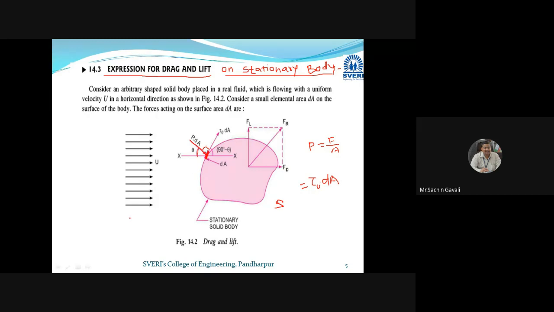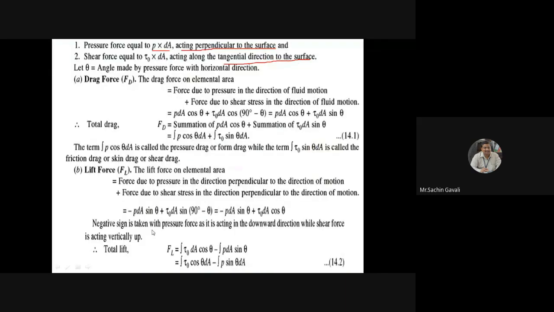Again, the basics we learned in Euler's equation apply: if the direction of the force is in the direction of flow, we consider it positive, and if it is in the opposite direction of the fluid, we consider it negative. Here PDA is in the direction of u, and tau dA cos 90 minus theta is also in the positive direction. So both forces we consider positive.